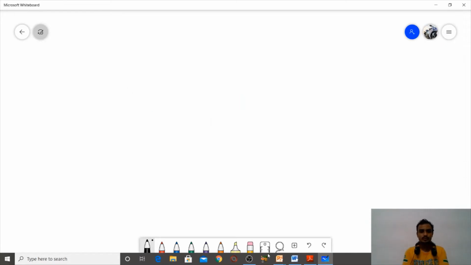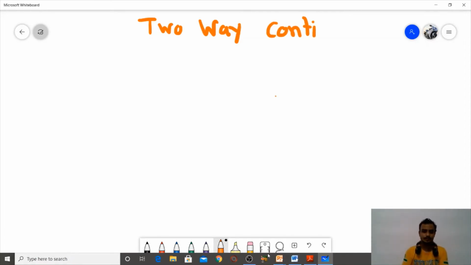Let's go to the two-way continuous slab.